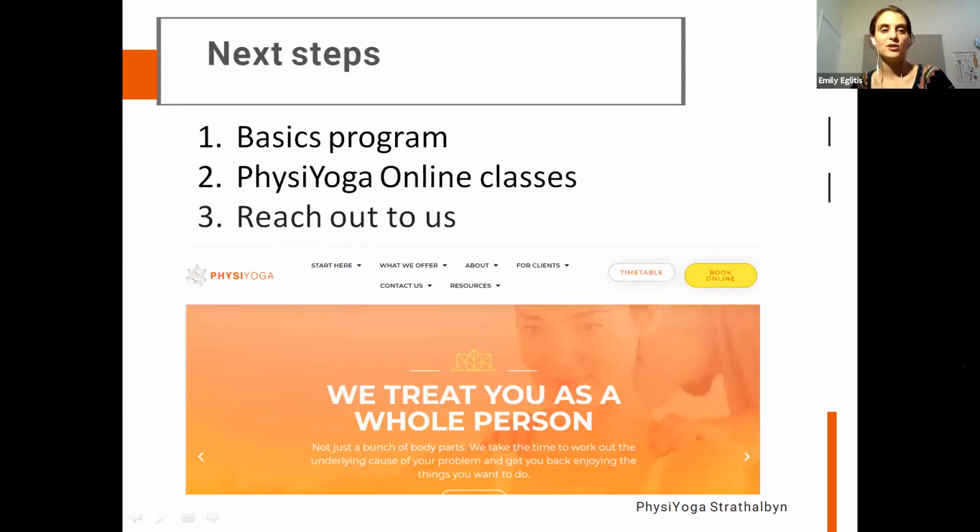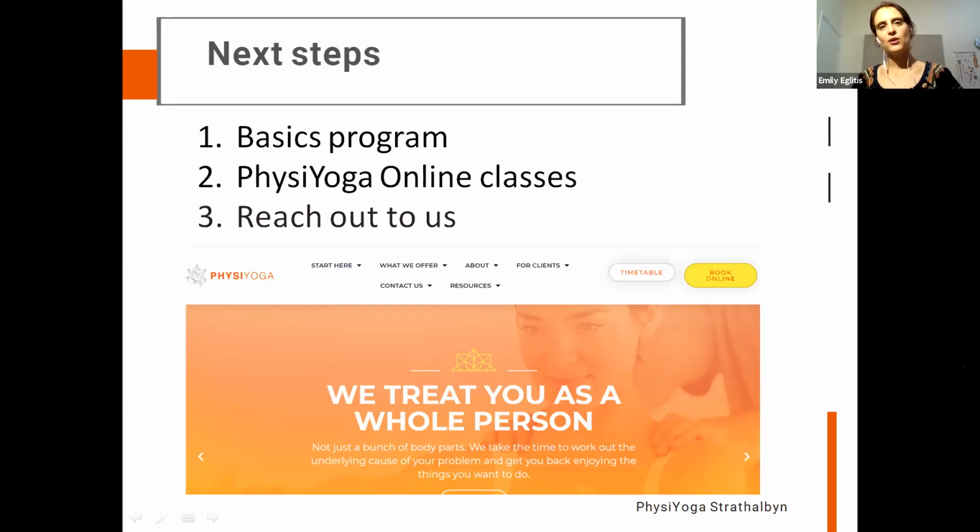So the next step for you is we are going to be offering a free basics program, which goes through some more. So we talked about at the start the four steps, and a couple of them were understanding what good posture is, and then experiencing it, and then turning it into a habit. So this here is so that you can understand the theory behind what we're trying to do and what we're trying to achieve.